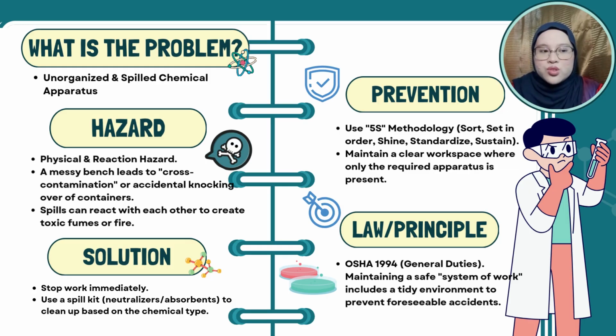It is also crucial to maintain a clear workspace where only the required apparatus is present. OSHA 1994 general duties include maintaining a safe system of work, including a tidy environment to prevent possible accidents. So what happened in the next video?